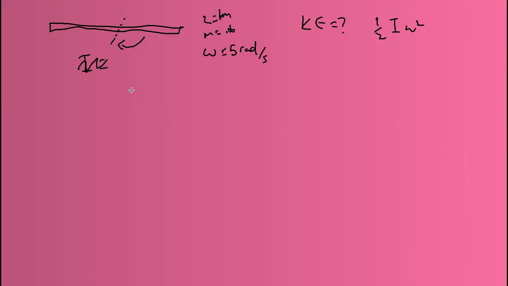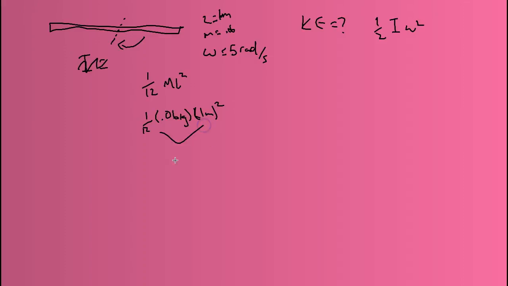So if rotational inertia is 1/12 ml squared, in this case m is equal to 0.06 kilograms times our 1 meter squared. We'll go ahead and simplify.